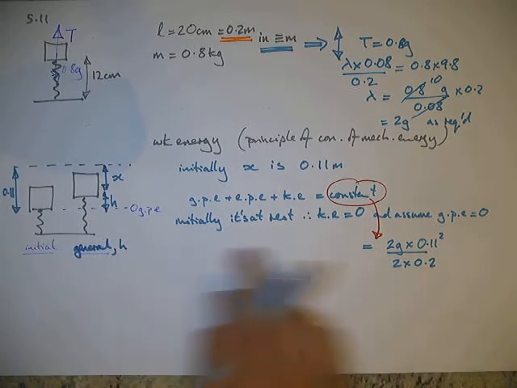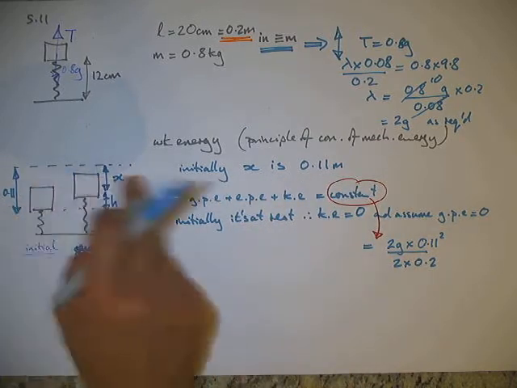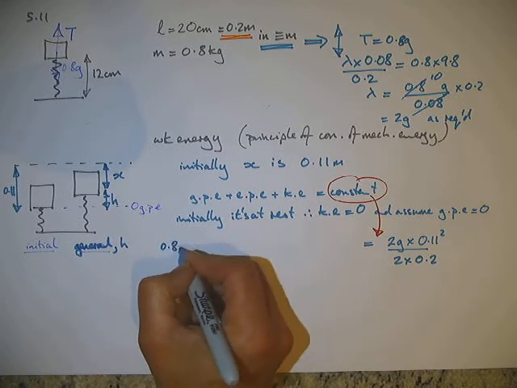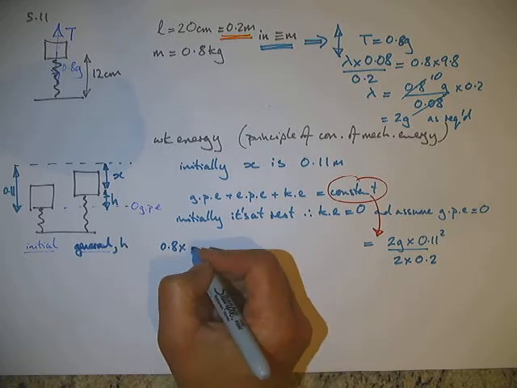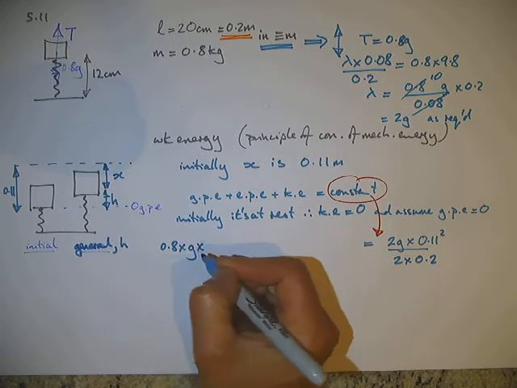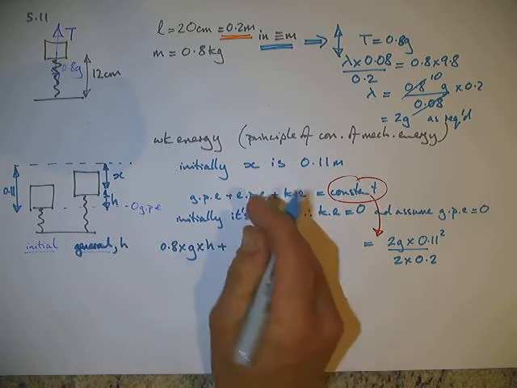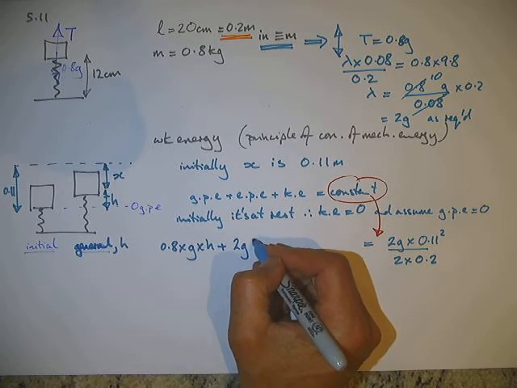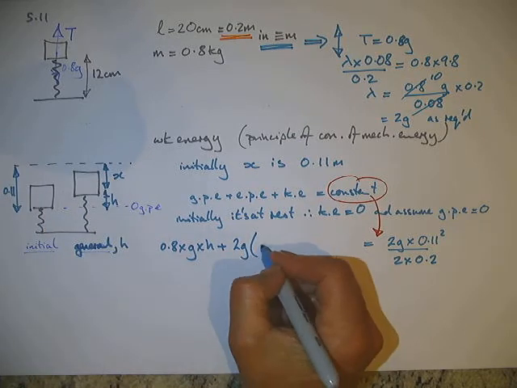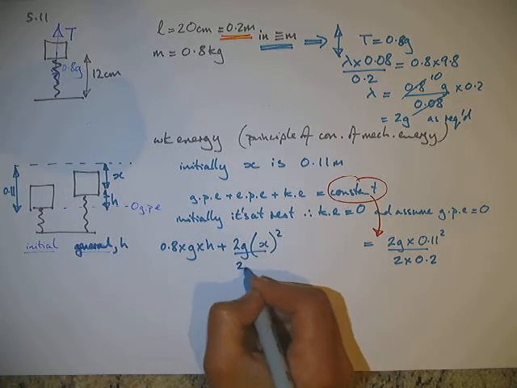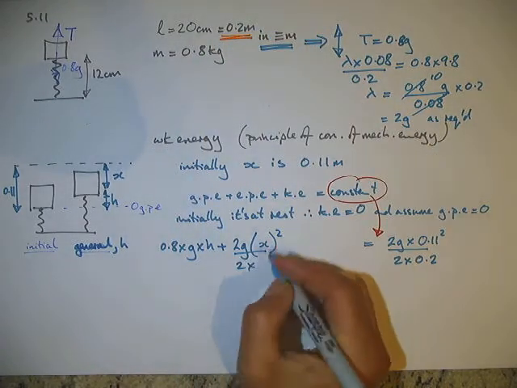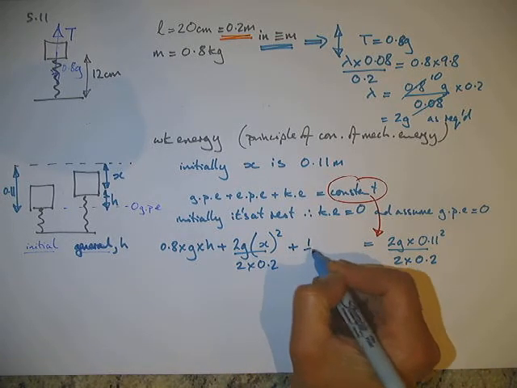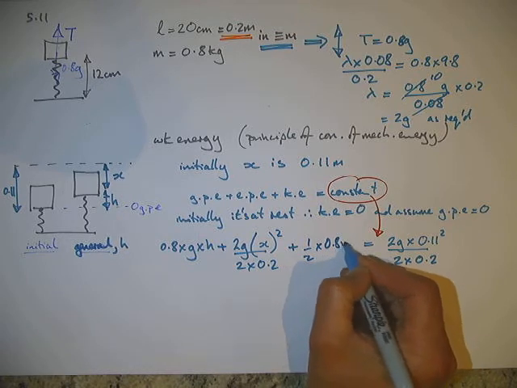So at any other point in its motion, we're going to get a GPE, which is mass multiplied by g h, mgh, plus an elastic potential energy, which is going to be 2g multiplied by x squared, we'll come back to that, over 2 times the natural length, which is 0.2, plus a kinetic energy, which is half times mass times v squared.